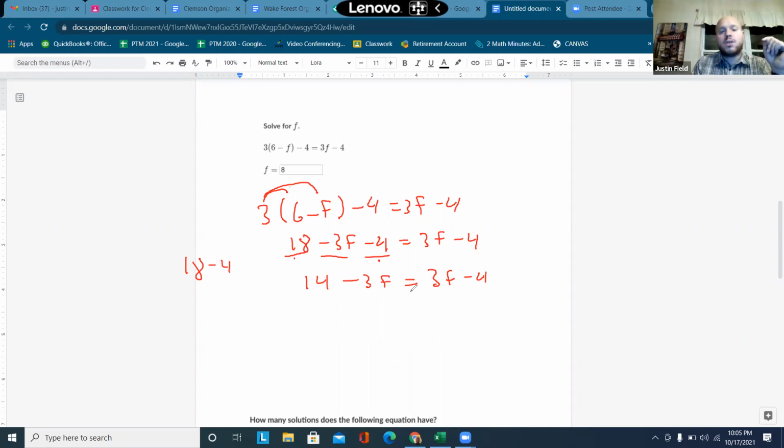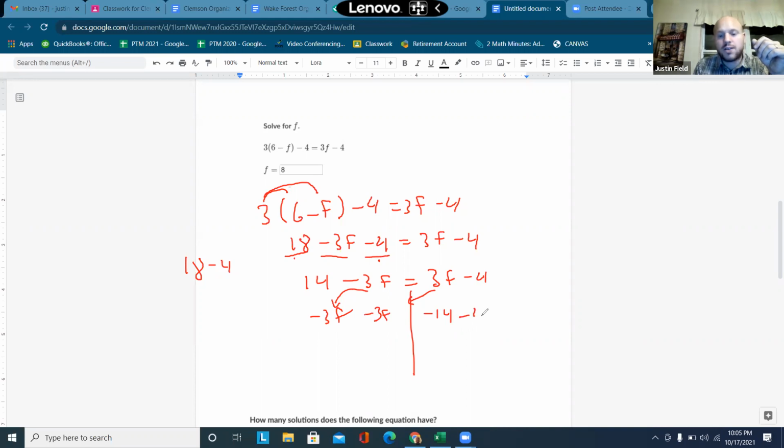All right, now switch the sides and switch the signs if they switch sides. Variables to the left, I got this negative 3f already there. And this 3f is going over, so it's also going to be a negative on the left. The 14 is positive on the left, so it will be negative on the right.